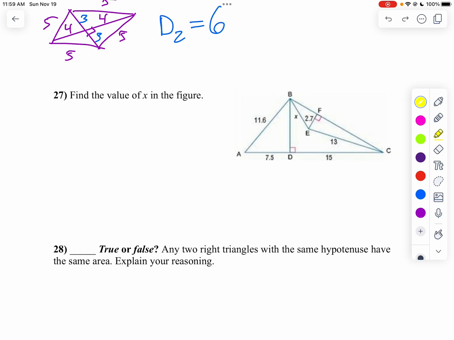Can I find that? Yes, I can find that by looking at this triangle here. So in that triangle, my hypotenuse is 11.6. So I'm going to say 11.6 squared equals 7.5 squared plus, we'll say, BD squared.